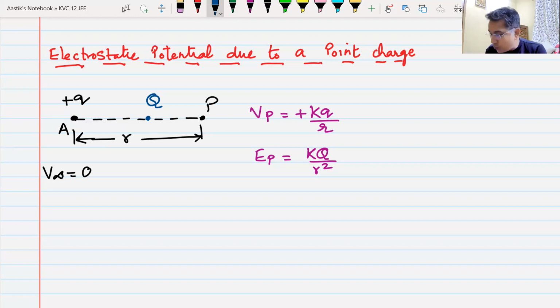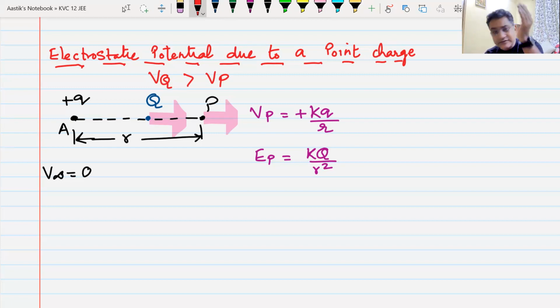Yes or no? Yes, sir. If I draw the direction of electric field, it will be going like this. Yes or no? From a positive charge, electric field lines are always going away. So electric field lines are going like this, and you have already said that potential of point Q is greater than potential of point P. From here, I can understand a very simple and very important logic: the relation between this direction and this potential.